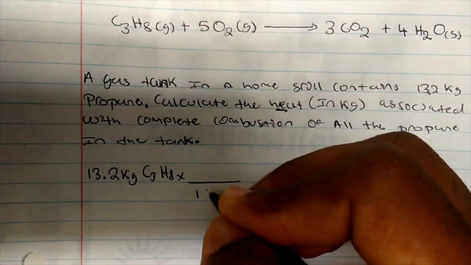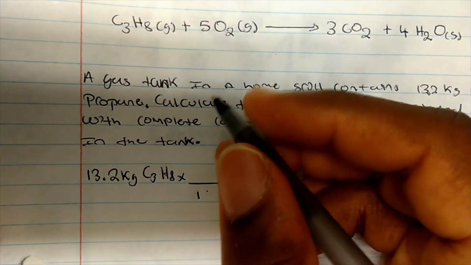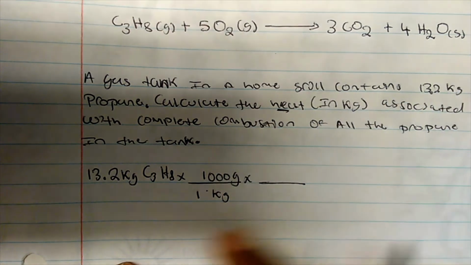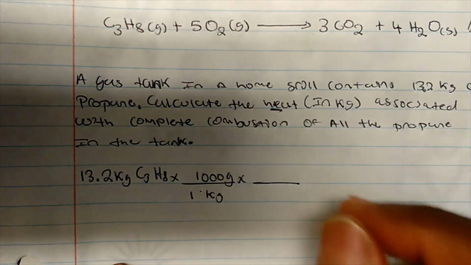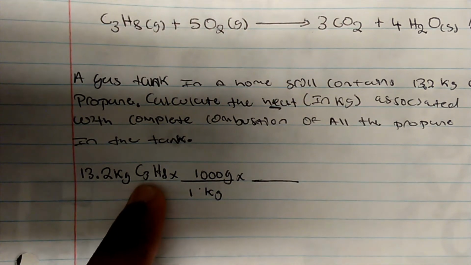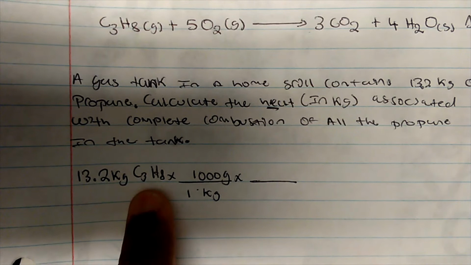So I convert that to grams, essentially using the fact that for every 1 kilogram I get 1,000 grams. And from this, I could use the molar mass to get to moles, because I need to somehow relate this to how much propane I'm actually going to have.